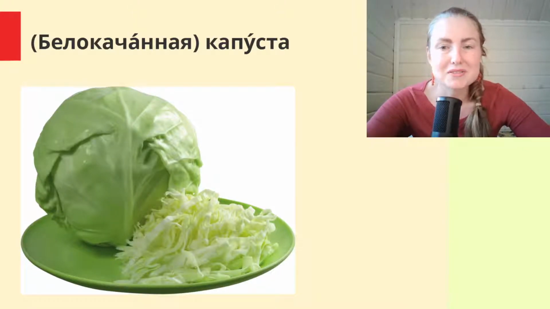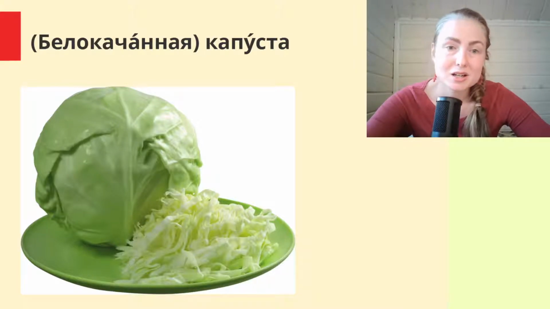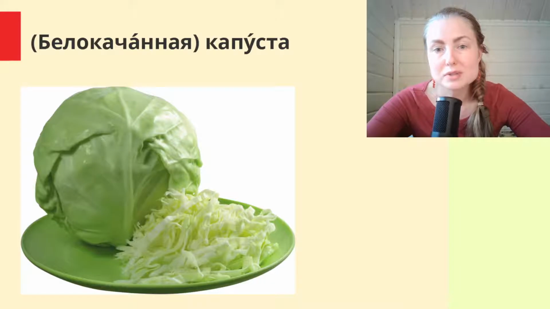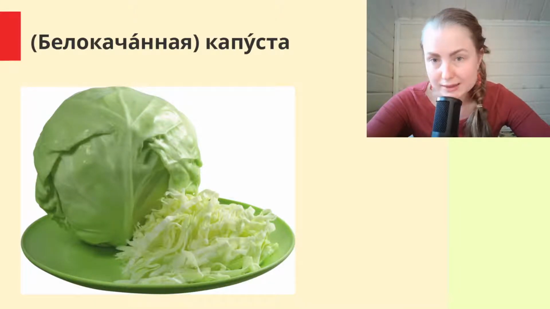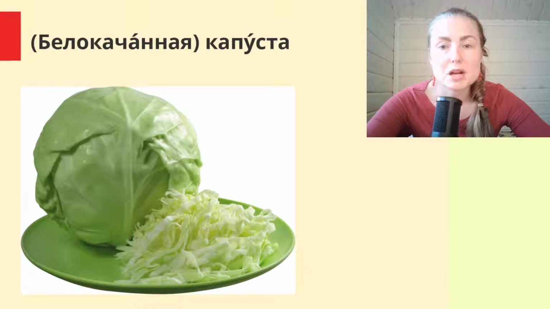In our everyday speech, normally we say just капуста. But of course, in the shops, you can find such a name, белокочанная капуста, because we have different kinds of cabbages.